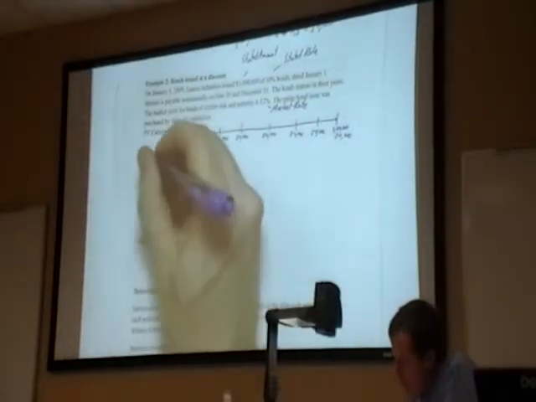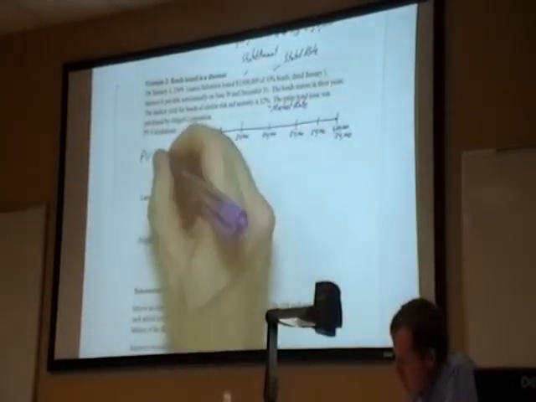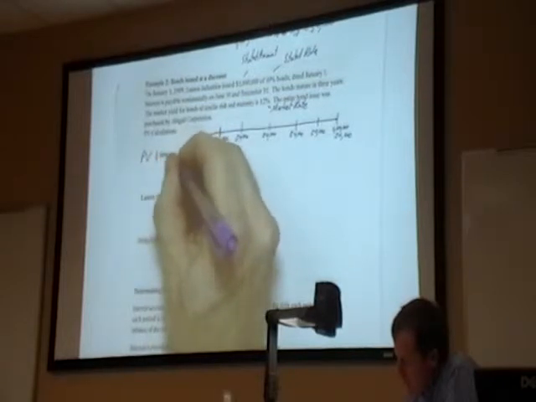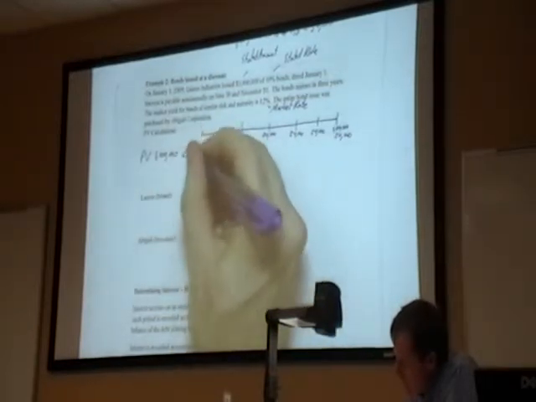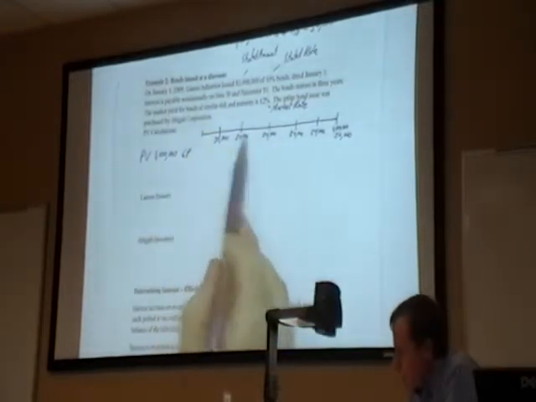So we're going to do the present value of the $1 million. We're going to bring it back 6 periods, because of 1, 2, 3, 4, 5, 6 periods. And the interest rate per 6-month period is how much? 6%.